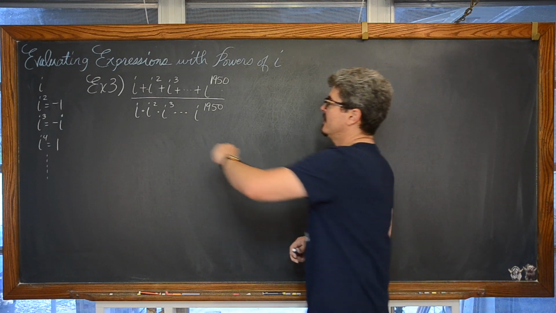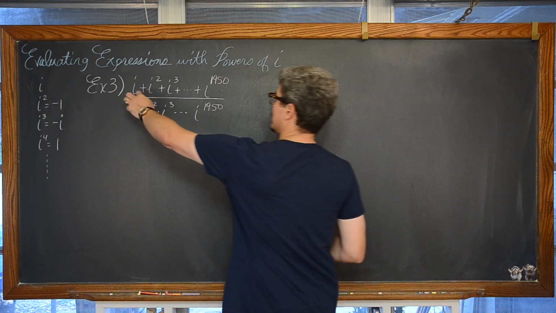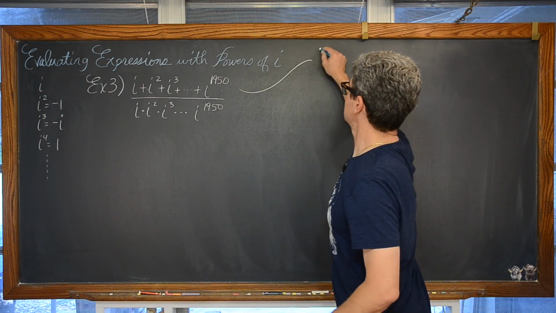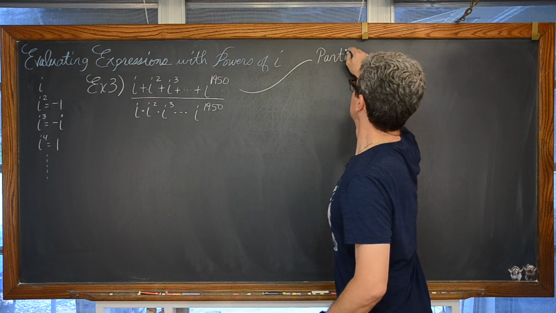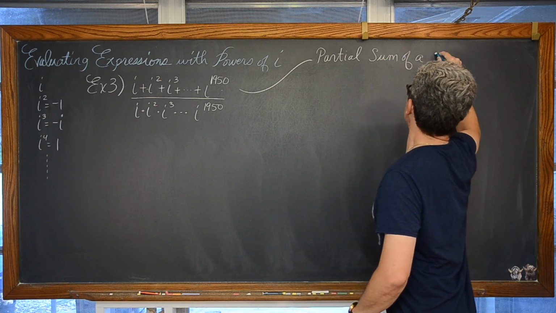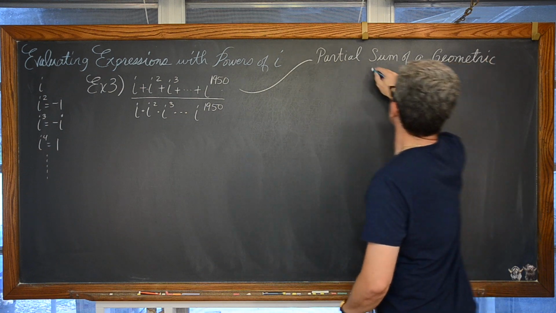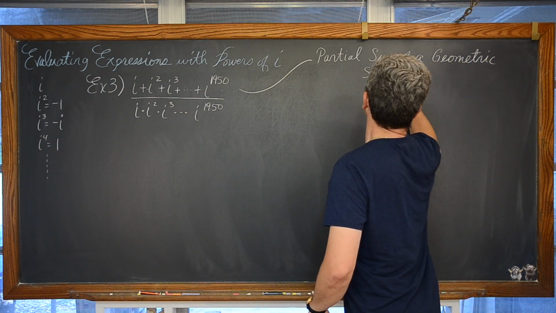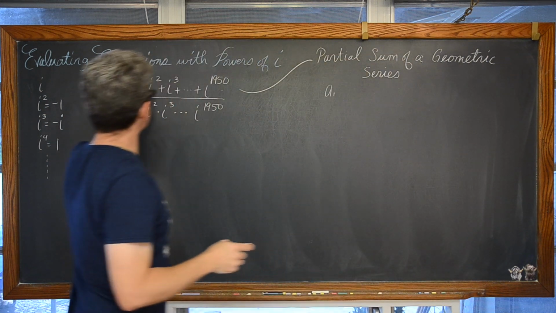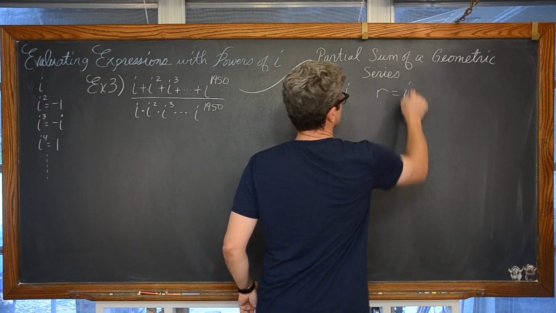We have a partial sum in the numerator where each term is getting larger by a factor of i. This is a partial sum of a geometric series with a sub 1 equal to i and an r value which is equal to i.